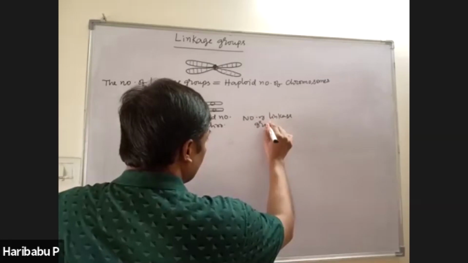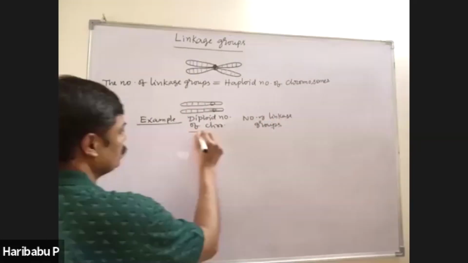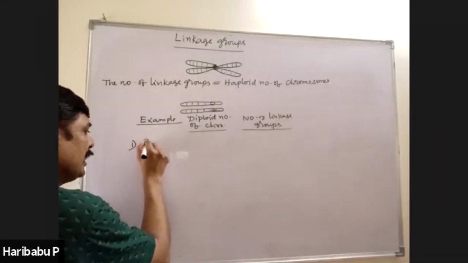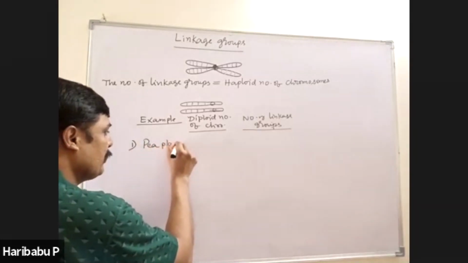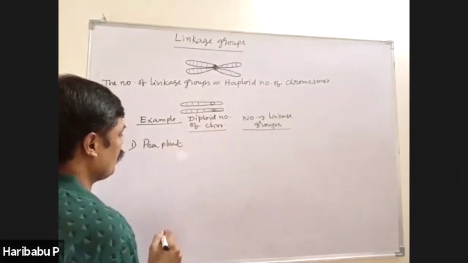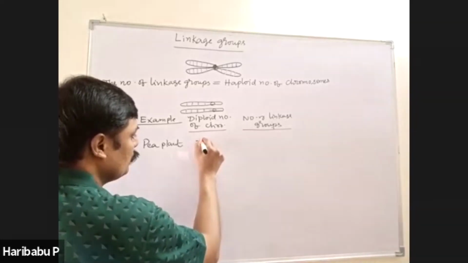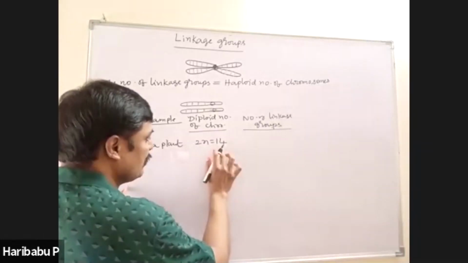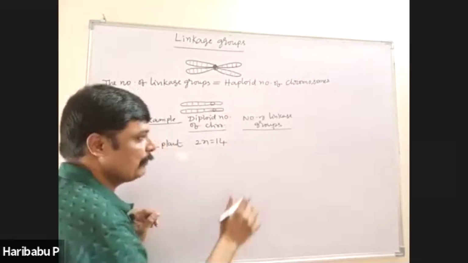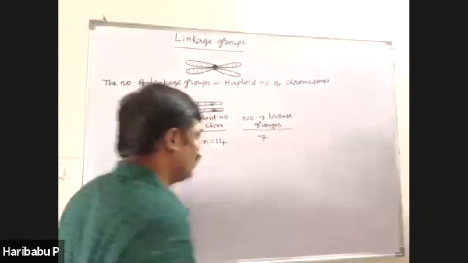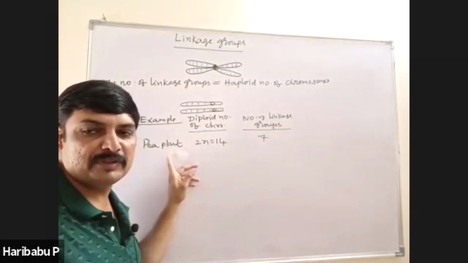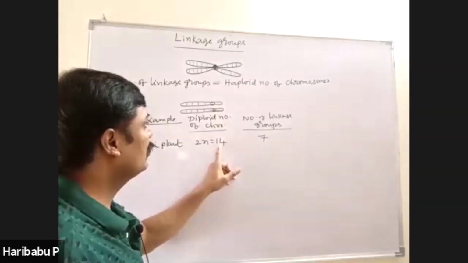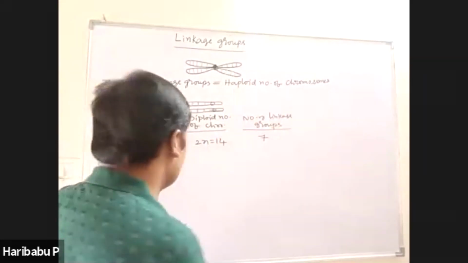One, pea plant. Diploid number of chromosomes 2n is equal to 14. Therefore, its haploid number is 7. The number of linkage groups is equal to its haploid number, that is 7. So, how many linkage groups are present in Pisum sativum, that is pea plant? 7 linkage groups. Total number of chromosomes are 14, therefore its haploid number is equal to 7.